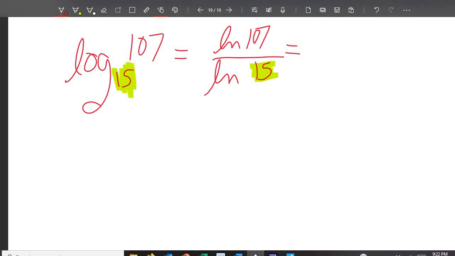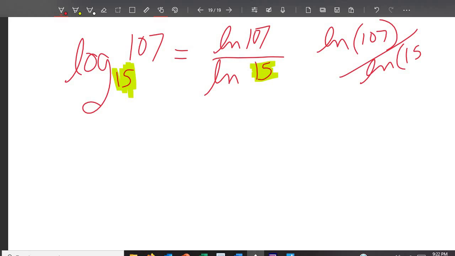Now, if you wanted to use your calculator on this, you would hit your ln button, enter the 107, and do a close parenthesis. Then hit the division symbol. Then hit your ln button and enter the 15, close your parentheses, then hit enter or equal.